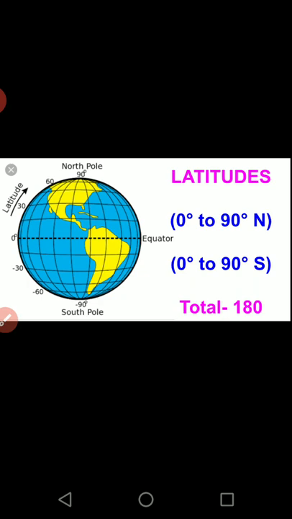Horizontal lines on the globe are called latitudes, and because each horizontal line you will find is running parallel to each other, they are also called parallels. Likewise, we have important latitudes, plus there are altogether 180 latitudes.